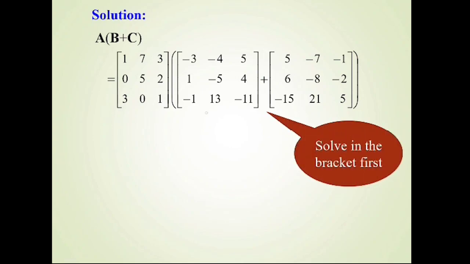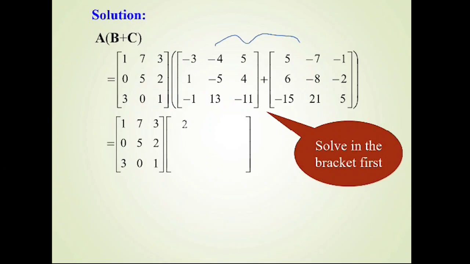So you have to solve the matrices in the bracket first. That means we have to add these two matrices first. Add those elements one by one. Negative 3 plus 5 is 2. Negative 4 plus negative 7 is negative 11. 5 plus negative 1 is 4, and so on.